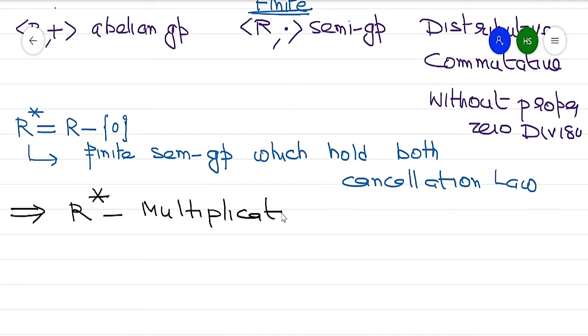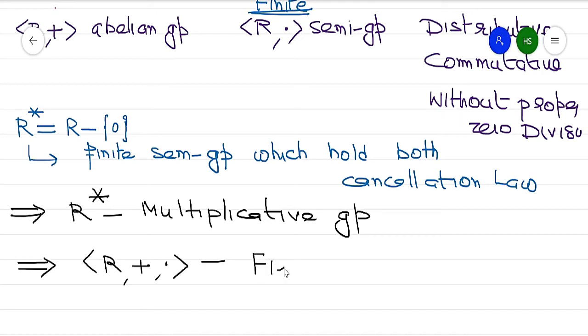Multiplicative group. So what does it mean? It means every non-zero element is invertible. If every non-zero element is invertible, then this R with plus and multiplication is a field. So what do we conclude from these theorems?